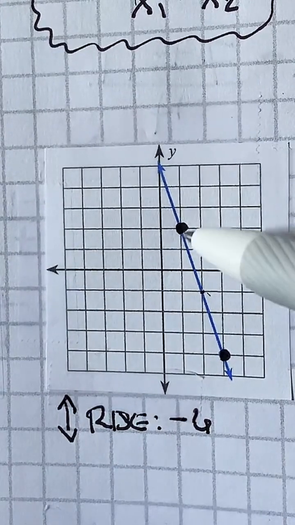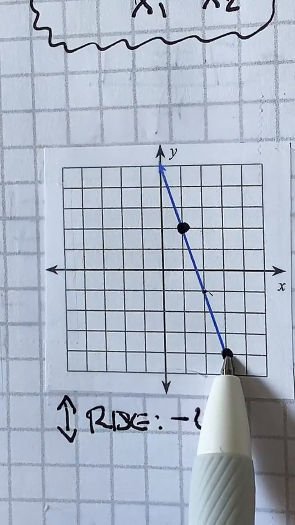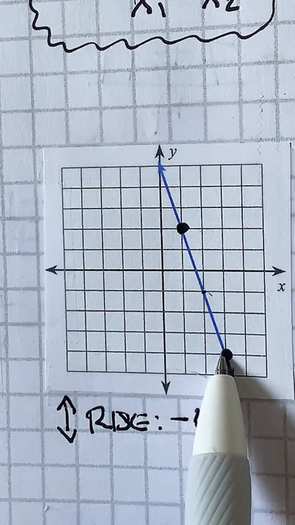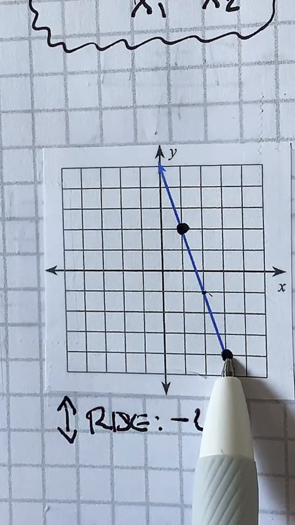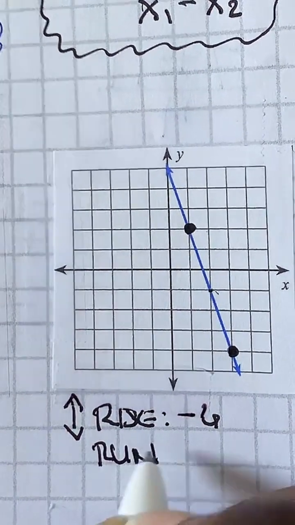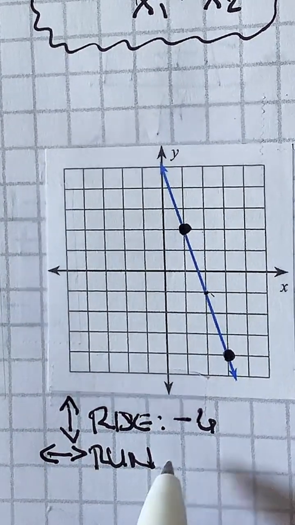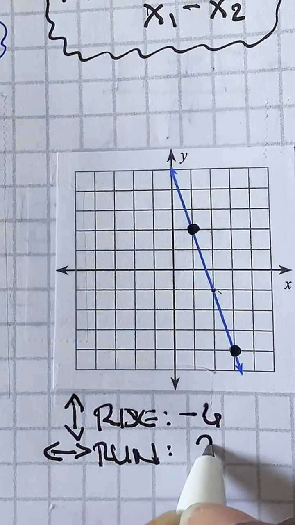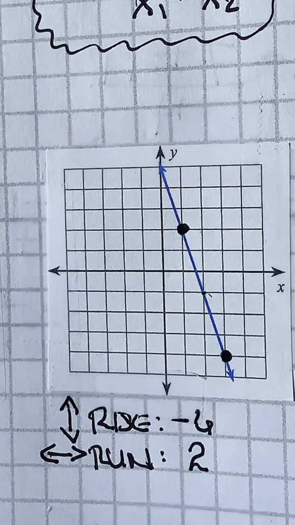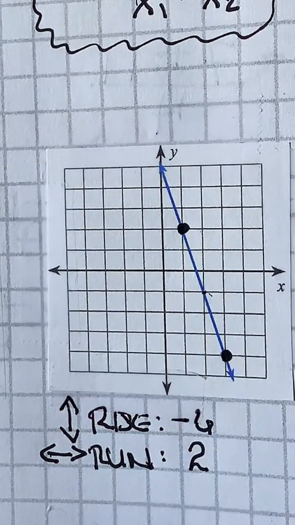Now, for my run, after I went down 6, I'm going to go over 1, 2. But which way did I go? I went to the right. So the right is going to be a positive number. My run, which goes left or right, is a positive 2. So we went down 6 and over to the right 2.